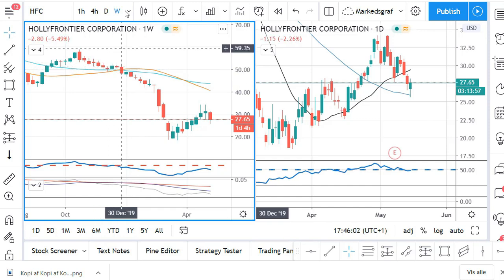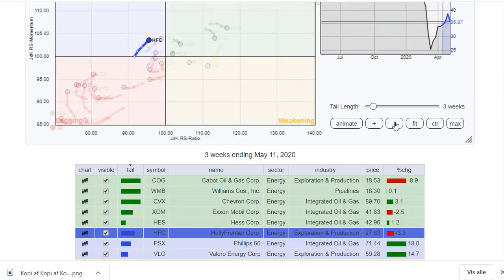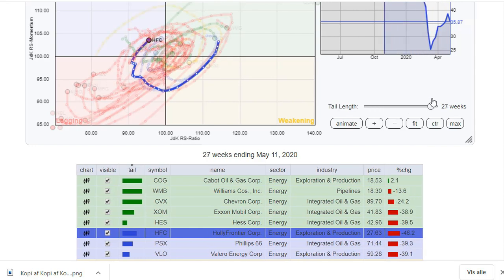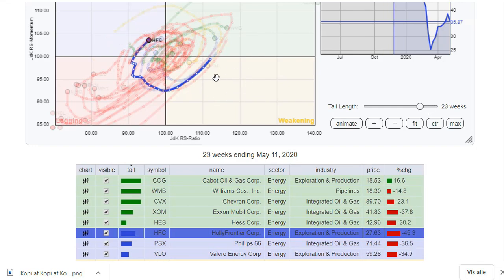Around here, this indicator told us that this stock was about to worsen. It was actually a bit before that, but when we got down here in weakening, that is where we should really be careful, because then it is doing worse than the overall market, and this relative strength is accelerating downwards.